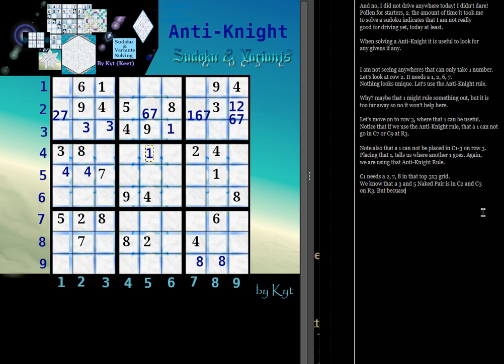But because of the anti-knight rule, we know that we cannot put a 5 in column 2.